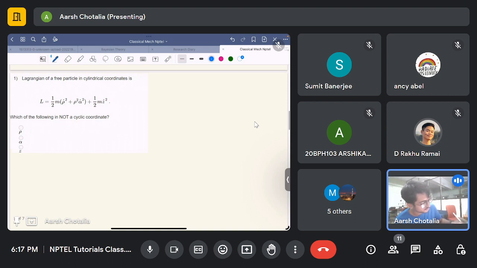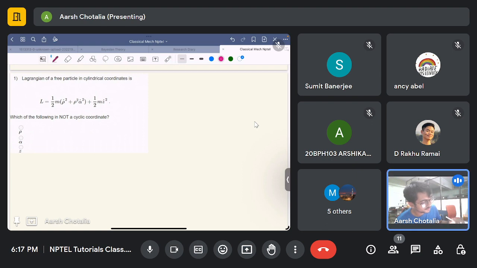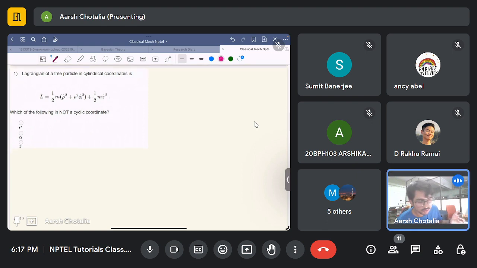Okay. And why is it so? Because the term rho square appears in the Lagrangian. Right. So the definition is that the cyclic coordinate should not appear in the Lagrangian. Well, not exactly. The more technical definition would be that partial of L by partial of q should be 0.